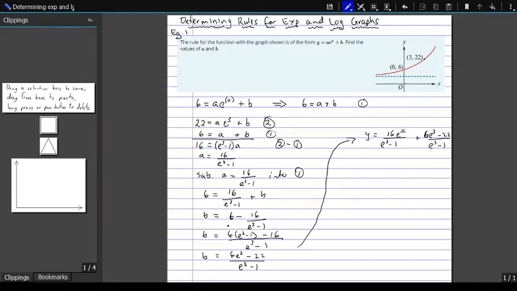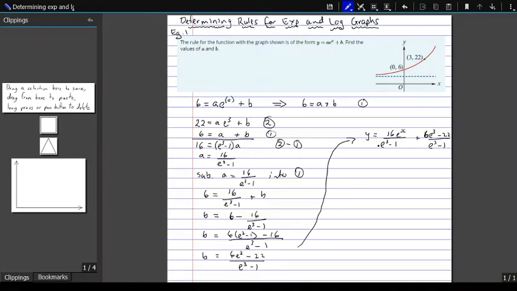So we need to have the same denominator, so we multiply the 6 by e cubed minus 1 over e cubed minus 1. And so we have just a single fraction now, 6 times e cubed minus 1 minus 16. If we expand this and collect our like terms, we end up with 6e cubed minus 22 as our numerator, all over e cubed minus 1. So this is our expression for b, or our value for b.